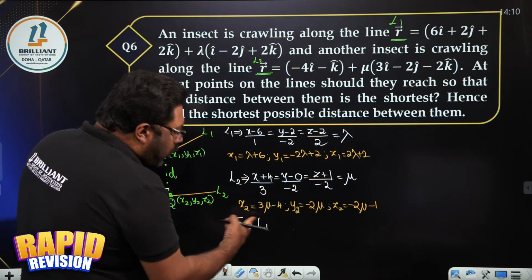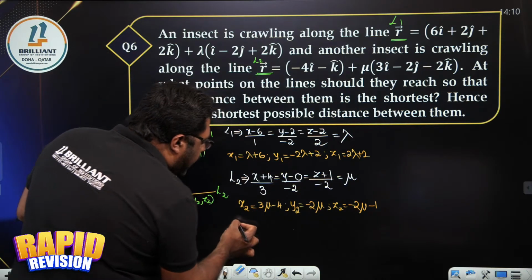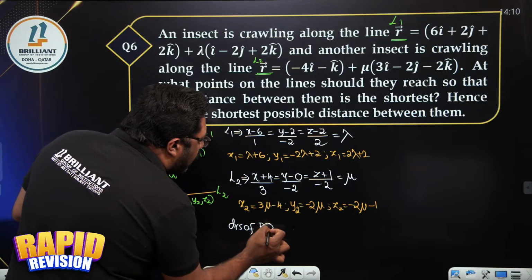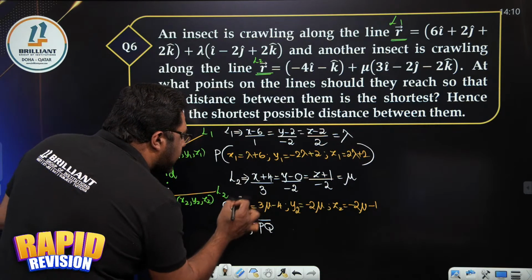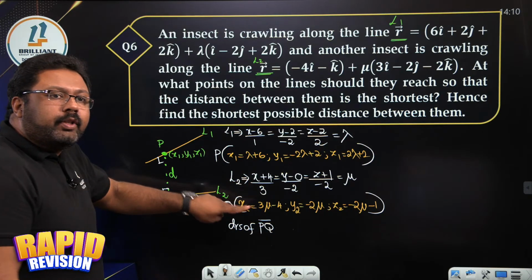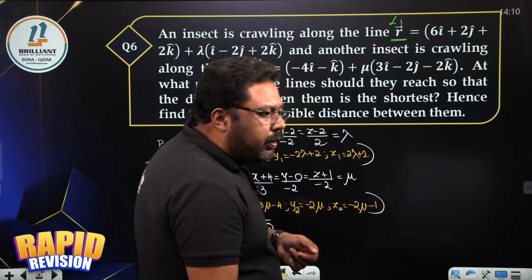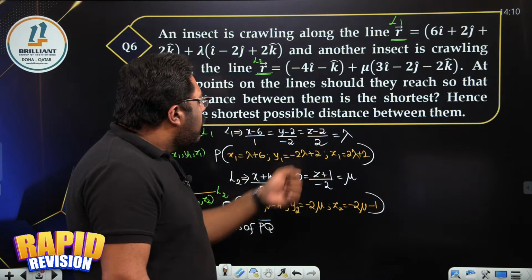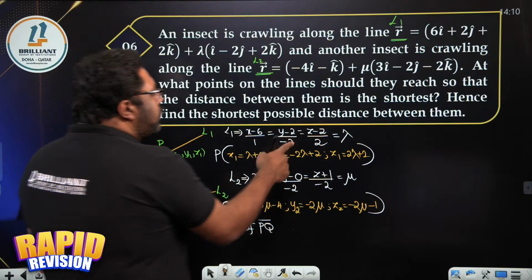Before going to that, let me first find the direction ratios of the PQ vector. This is P and this is Q. How do we find the direction ratios of a vector that connects 2 points? Just subtract them. Z minus 2 by 2, I haven't changed it, so it's 2 lambda plus 2.